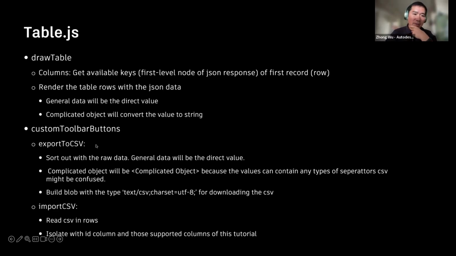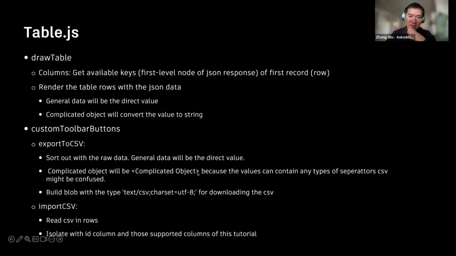We will also implement export to CSV and import to CSV. When using export to CSV, we mainly export all the raw data. But for some complicated objects, some data might be a JSON object or a complicated array, so we will just use a placeholder for the complicated object.